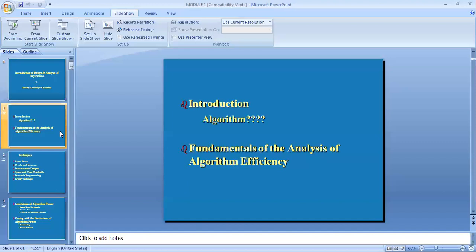Otherwise, proceed to the next step. Step number 2 is, divide m by n and assign the value to the remainder r. Step number 3 is assign the value of n to m and the value of r to n and go to step 1.